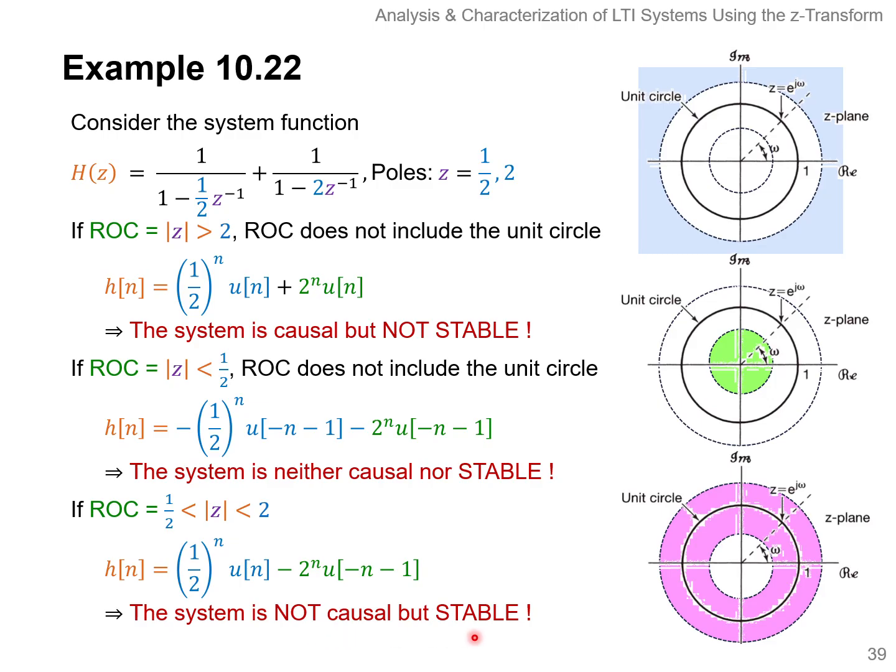So in this case, the system is stable but not causal. This example shows an important point. Causality and stability depend on the ROC, not just the poles.